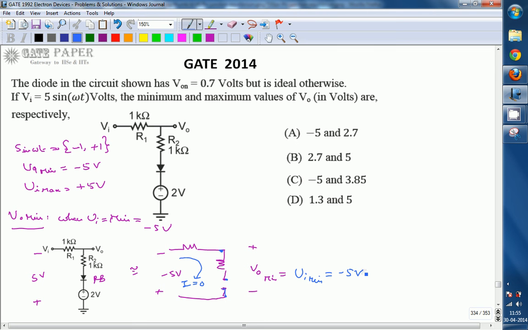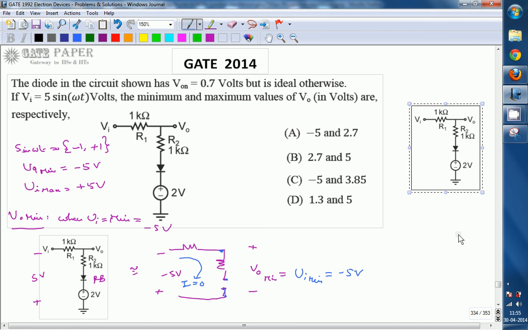It occurs only when Vi is minimum, so the output voltage is equal to Vi minimum, which is -5 volts. Next we will calculate V0 maximum.